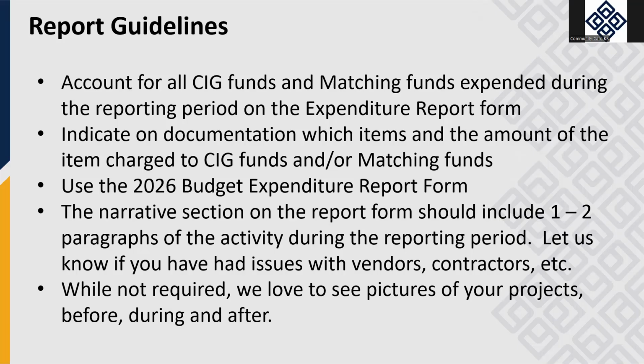You will use the 2026 budget expenditure report form, which is now required to be signed and dated by the person completing the form. In the narrative section on the report form, you will need to include 1 to 2 paragraphs of the activity during the reporting period. We want to know the successes of the project and any struggles you may be having. And while not required, we love to see pictures of your projects before, during, and after.